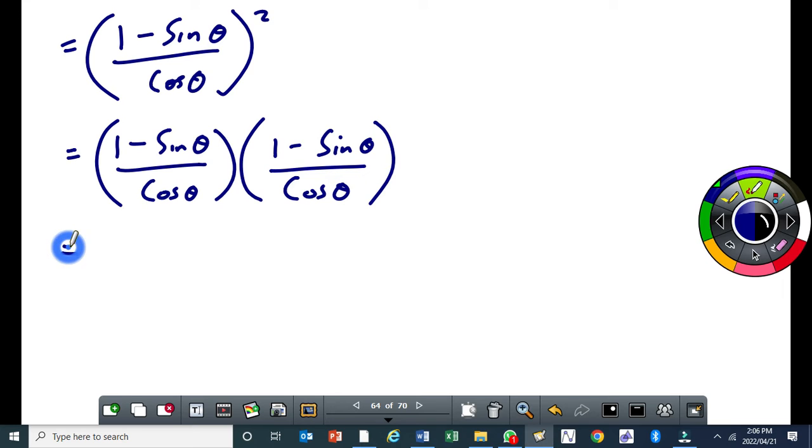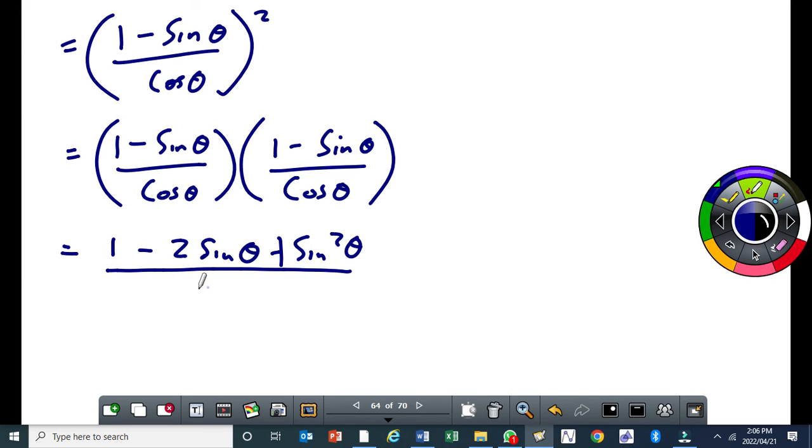Okay? For the numerators, they are binomials, so use FOIL there. If you use FOIL there, you get 1, then you get minus 2 sine theta, plus sine squared theta, all over cos squared theta.